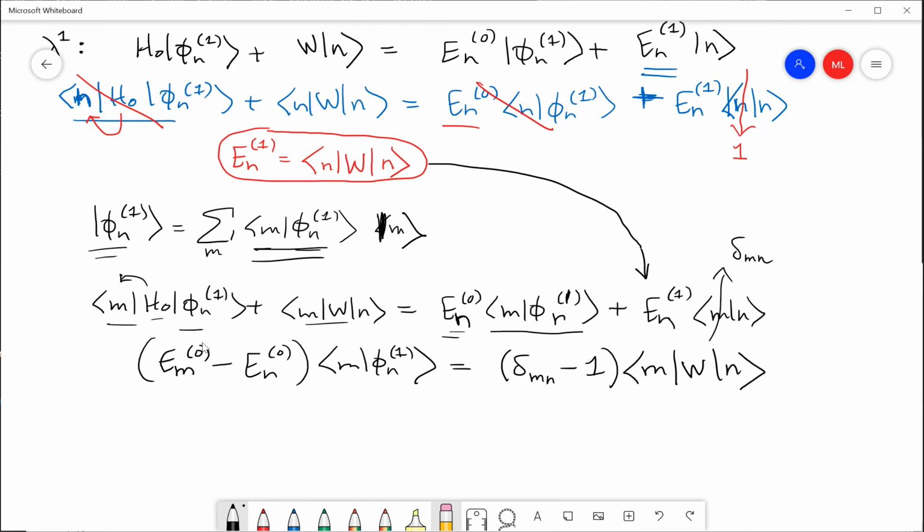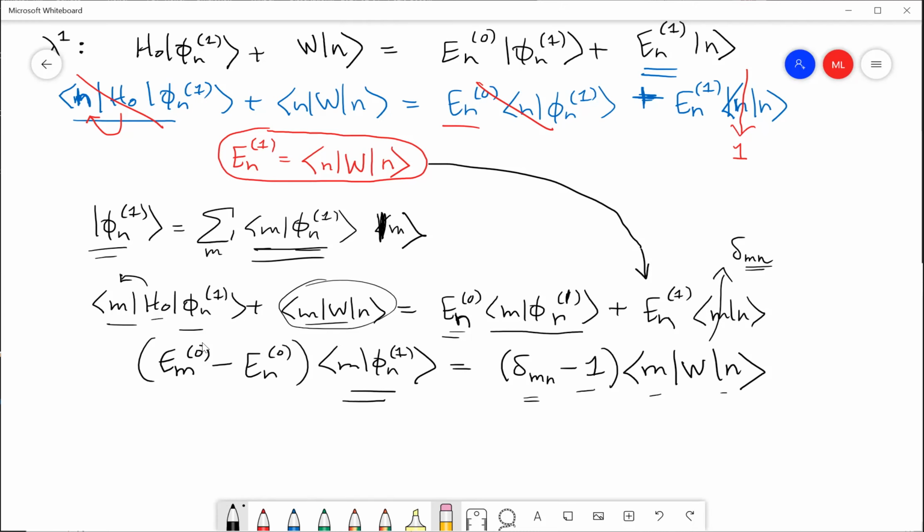Why does it work? Because for this term, it's only non-zero when m is equal to n, and in that case this becomes <n|W|n>. And so that's just the first correction here. Otherwise, this term includes all the terms, including the off-diagonals, that just came over to this other side, and we subtracted off as minus 1. So now you know what these coefficients are.